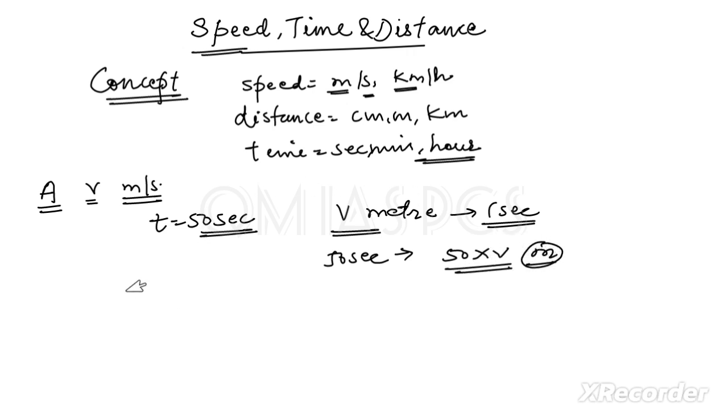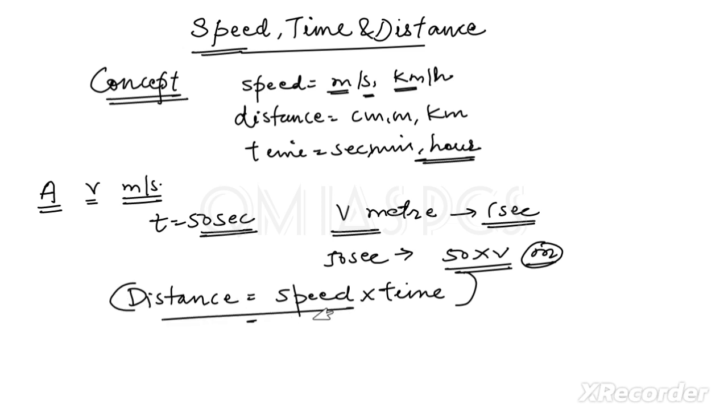Okay, so if you follow this one, you will understand that distance is equal to speed multiplied by time, and this is very important. This is not just a formula, this is the important concept of this topic. And if somebody asks what is the formula of speed, don't learn it separately, just learn this one.